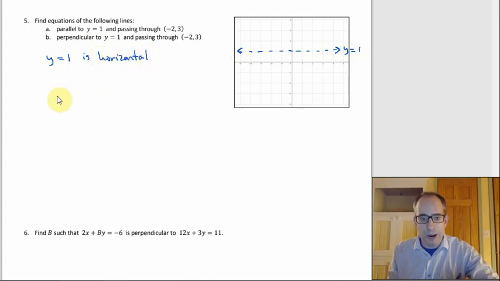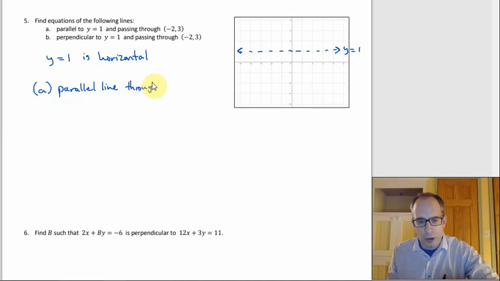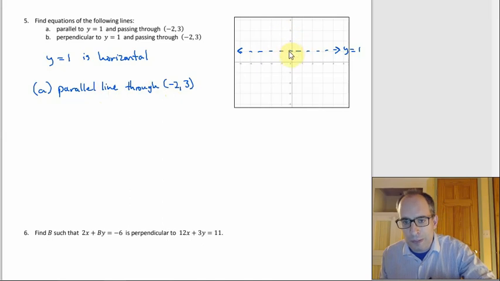So a parallel line that we want in part A should also be horizontal. So we want a parallel line through -2, 3. All right, well, -2, 3, there's 1, 2, 3, right there.